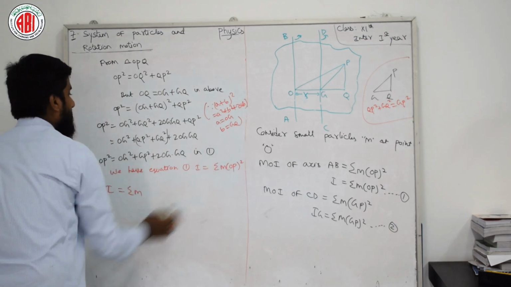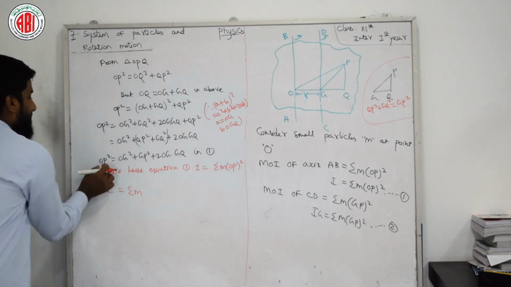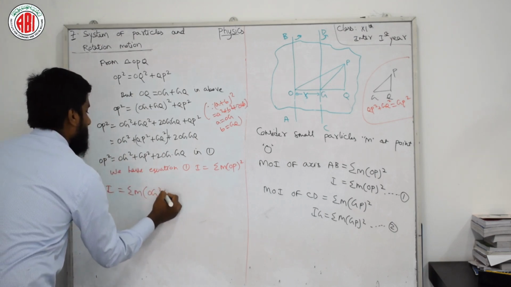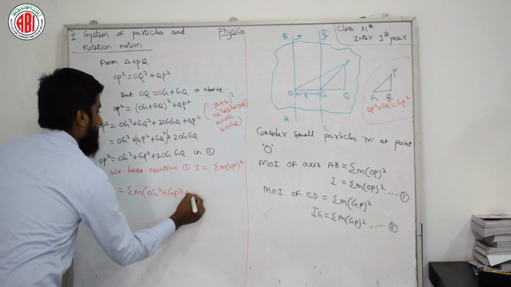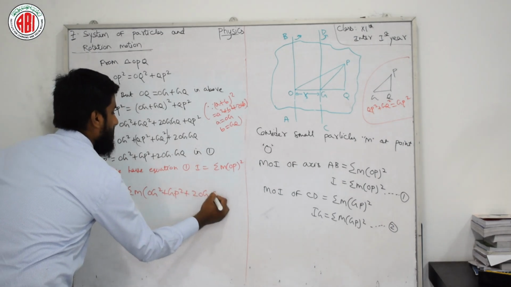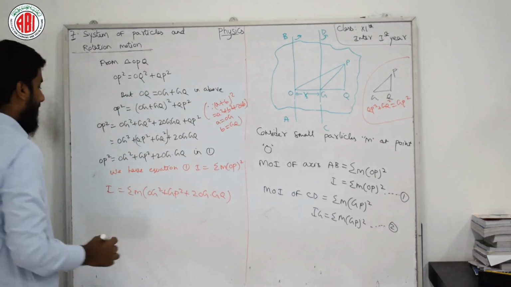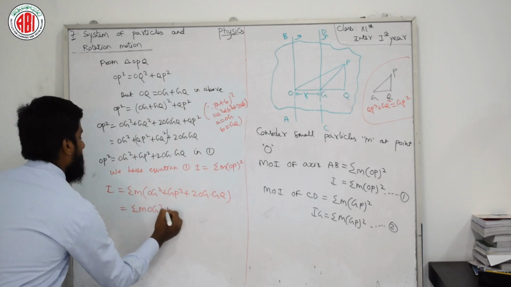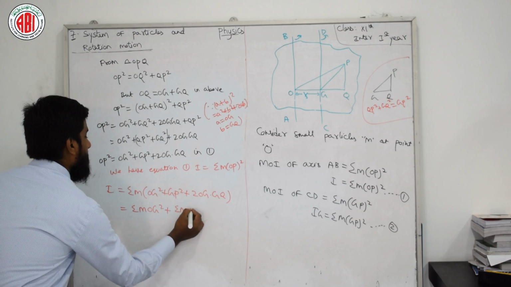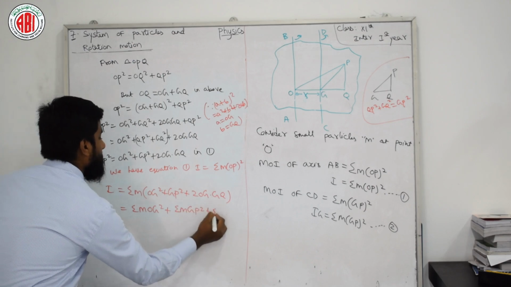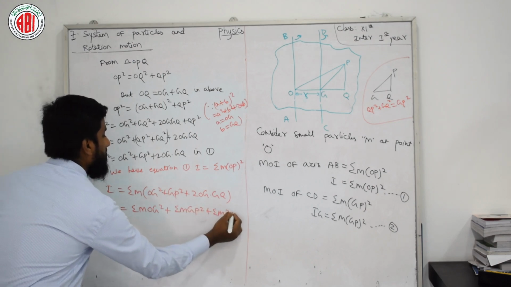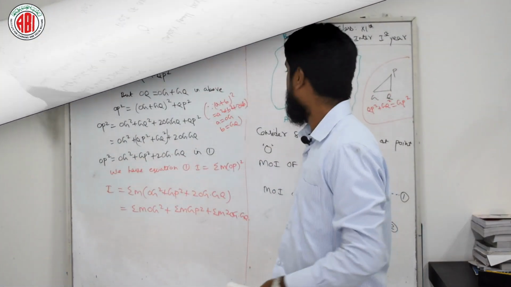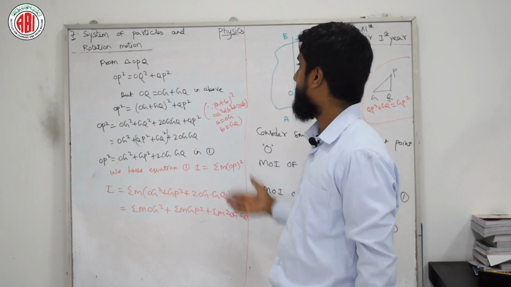In place of the complete OP square, I can write this term: OG square plus GP square plus 2OG dot GQ, isn't it? After that it will be sigma m OG square plus sigma m GP square plus sigma m 2OG dot GQ.